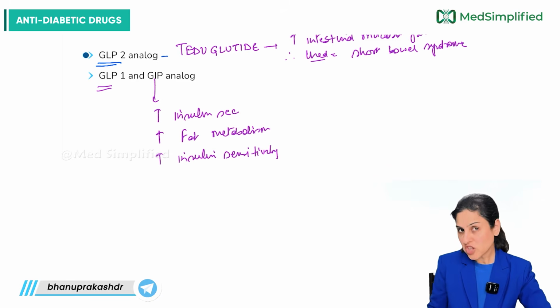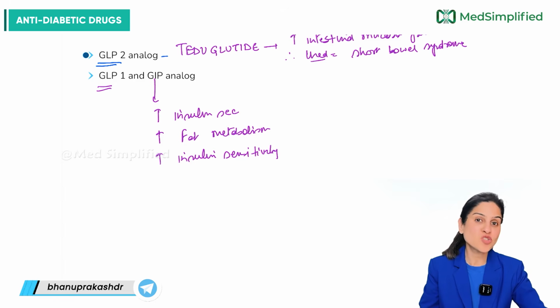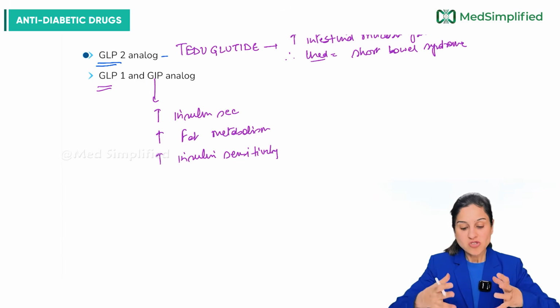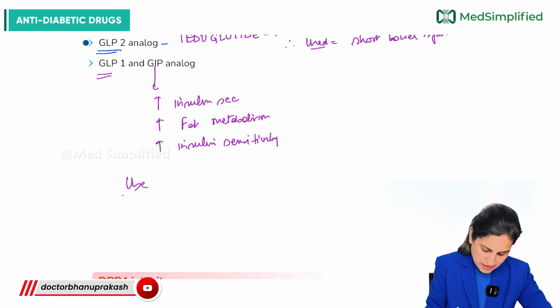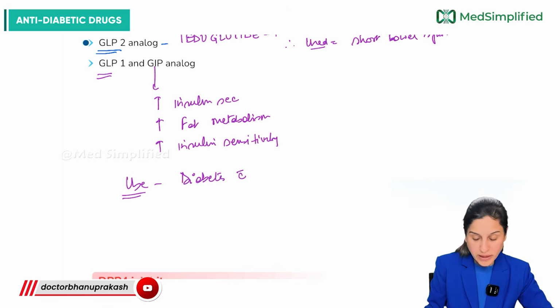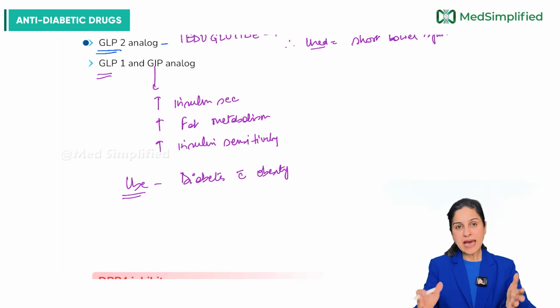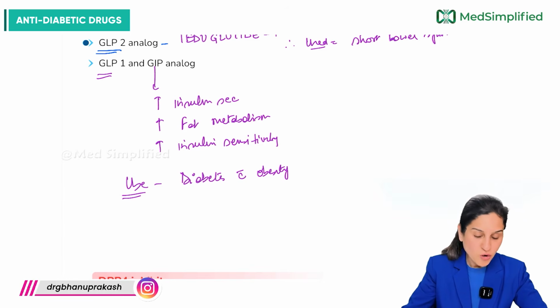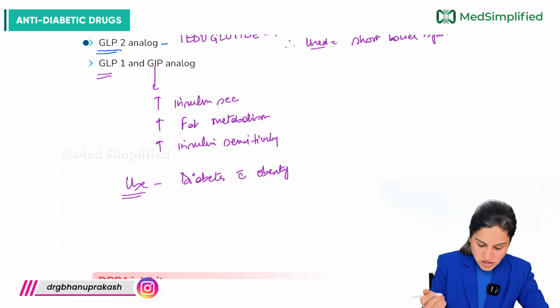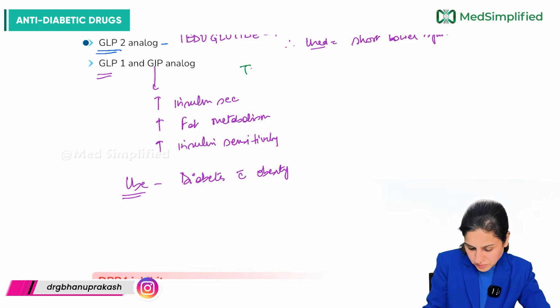So it is combining the effect of both GLP-1 and GIP, and has a much stronger action as compared to GLP-1 alone. Their use is for diabetes with obesity. They are anti-diabetic, and if the patient is obese, they also help in weight loss. This is an important use of your GLP-1 and GIP analog. The drug which is important here is tirzepatide.